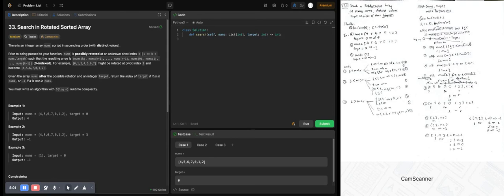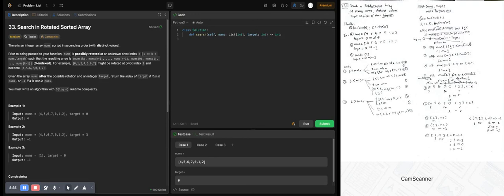Hold on. Okay, so I got it. It's not about finding the index in the original nums that is not rotated yet, but it is finding the target in the given nums. Okay, I think that makes things a bit clearer.